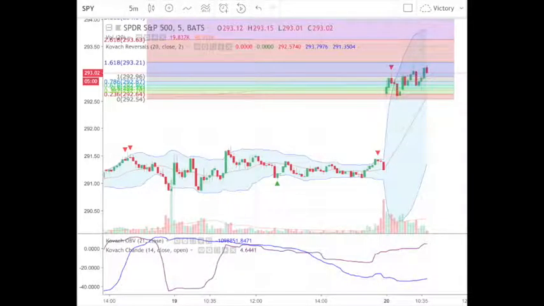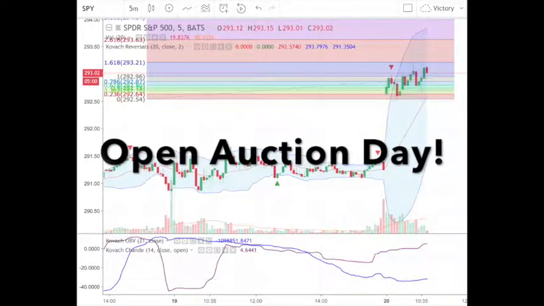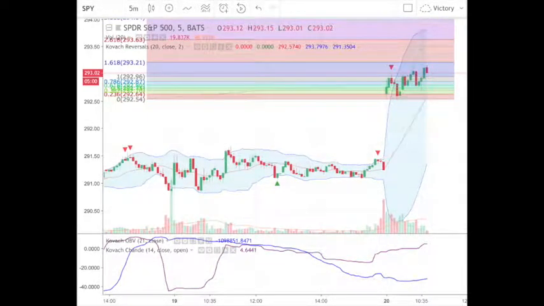The asset we're looking at is an ETF called SPY. This is an ETF that tracks the S&P 500 index. Notice here that I have a significant gap up. I've also consolidated here near the open. This is telling me that essentially I have an open auction day going, and if you know anything about market profile, you understand that as I test the value area that's established during the initial balance, or the initial part of the day where the stock is trying to find value, I could predict perhaps where this is going to go later on in the day.